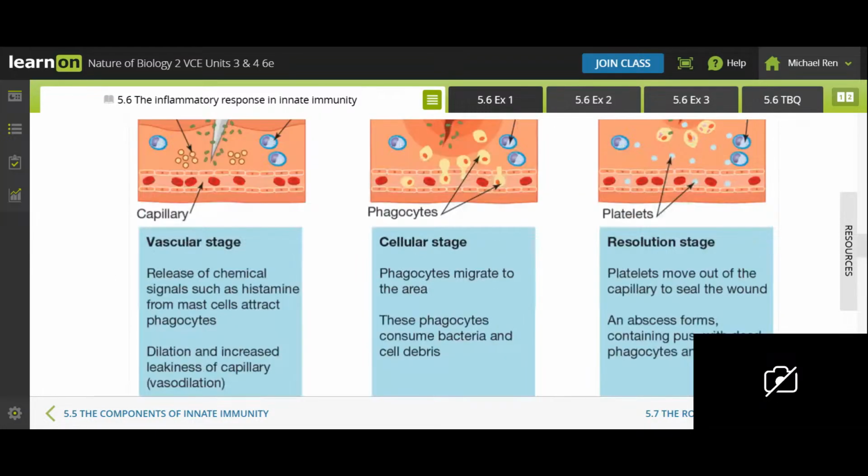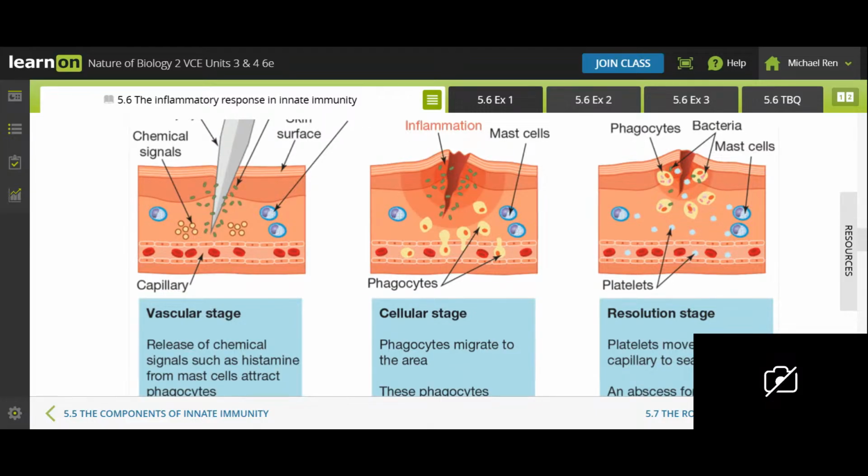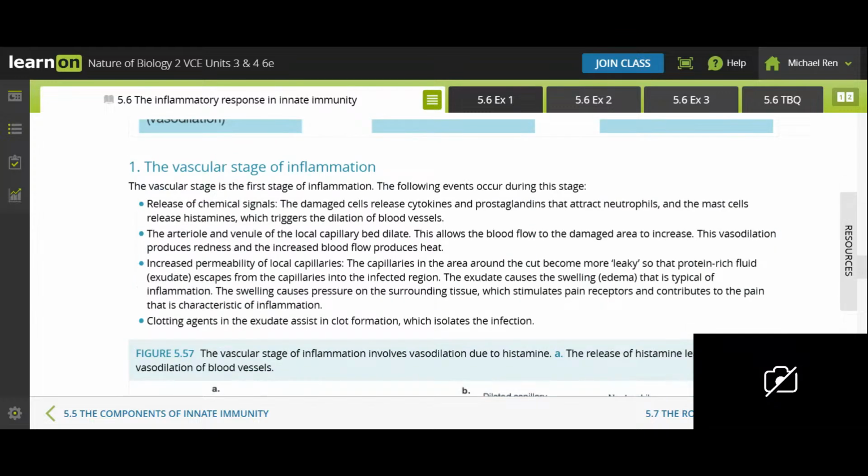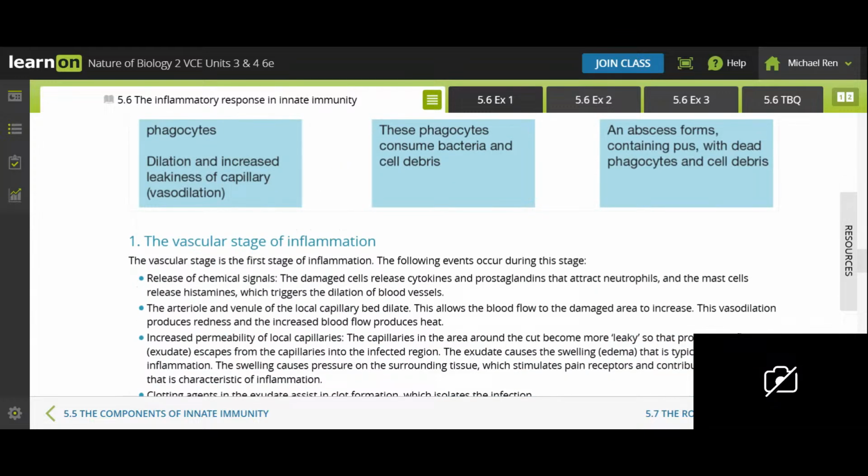The reason for the redness is because vasodilation of the blood vessels increases blood flow to that area, so more blood, more redness. This is also due to exudate being exuded.